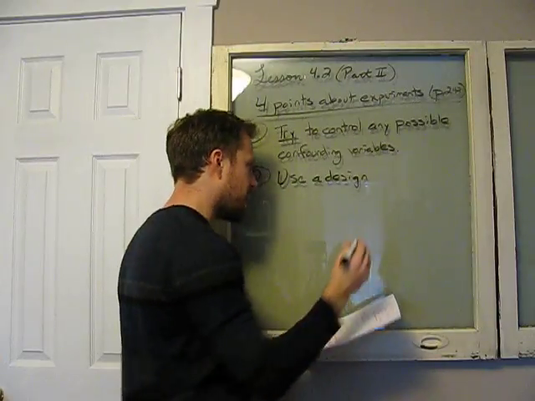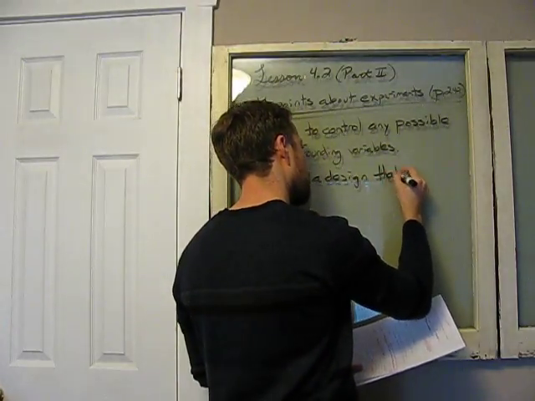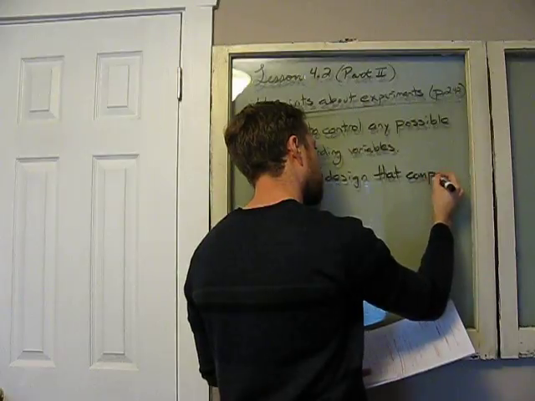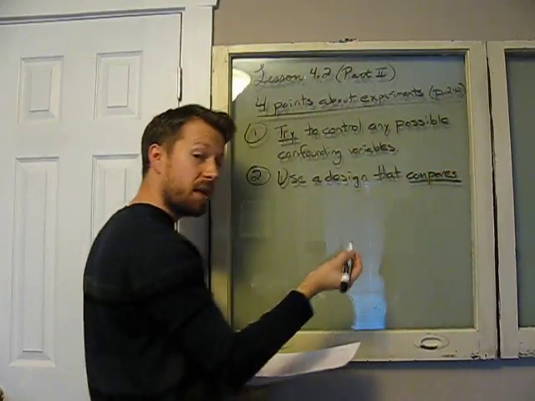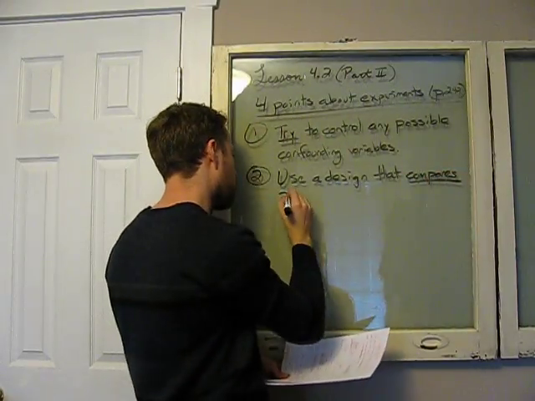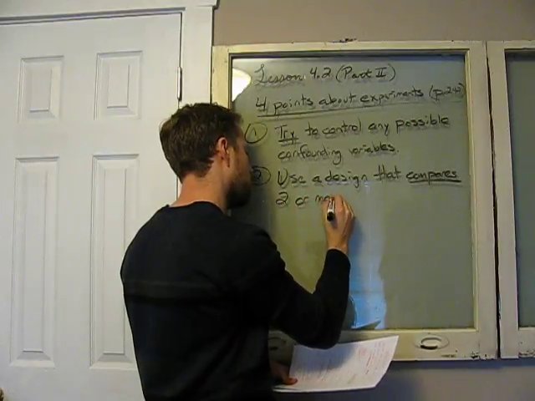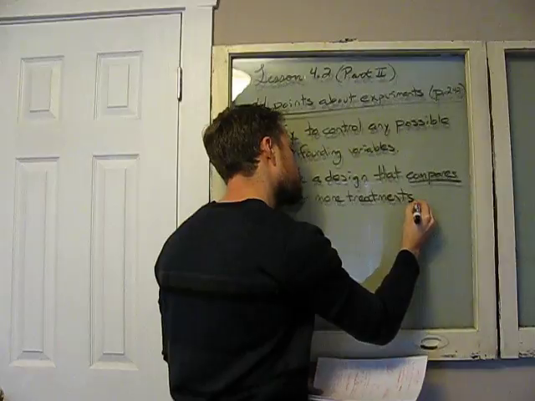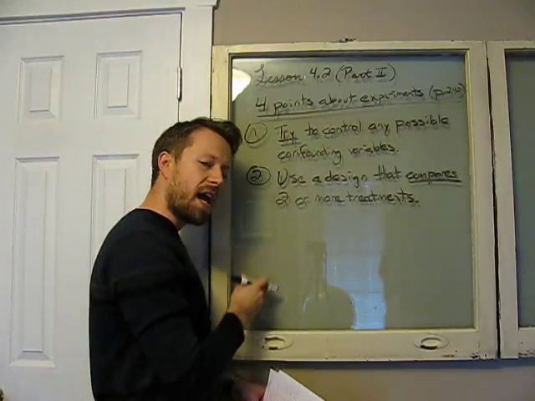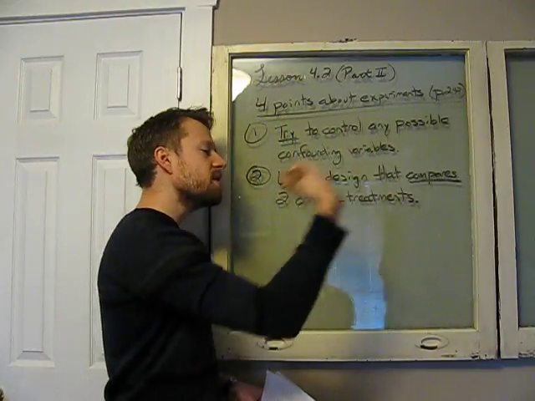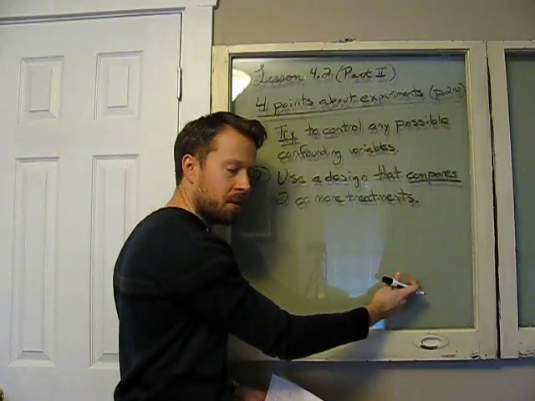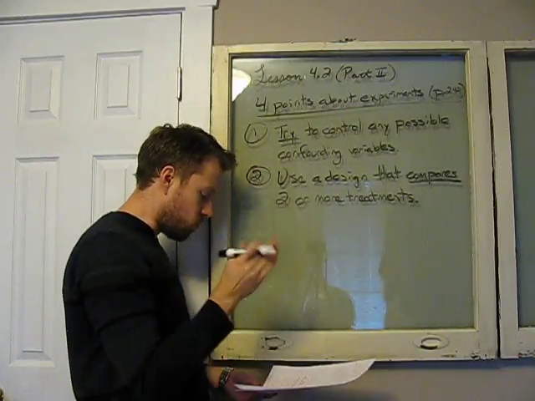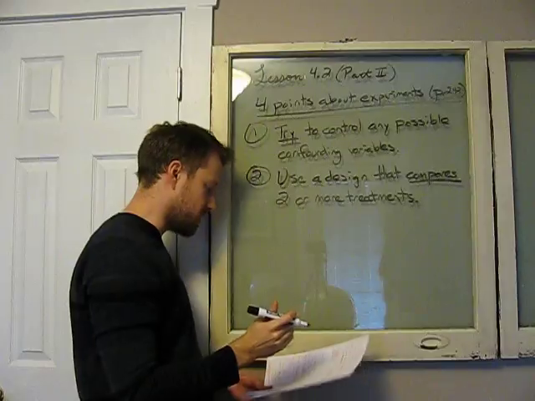Use a design that compares. Compare being the key word there. 2 or more treatments. In this experiment, we're comparing teachers who haven't received a caffeine pill to teachers who have received a caffeine pill. That's fine, but we are using some form of comparison.